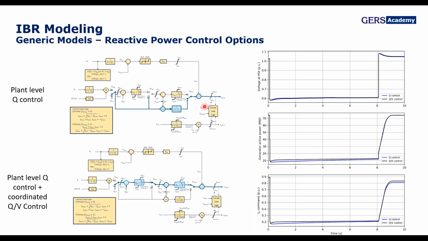If we compare two strategies, using a plant level Q control and a plant level Q control plus a coordinated QV control, you'll see this kind of results here. The black line follows a QV control, while the blue line follows just a simplified Q control.